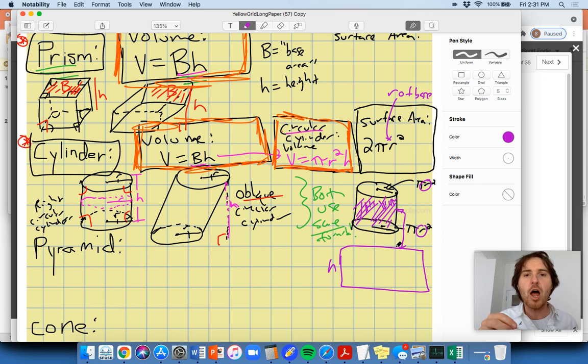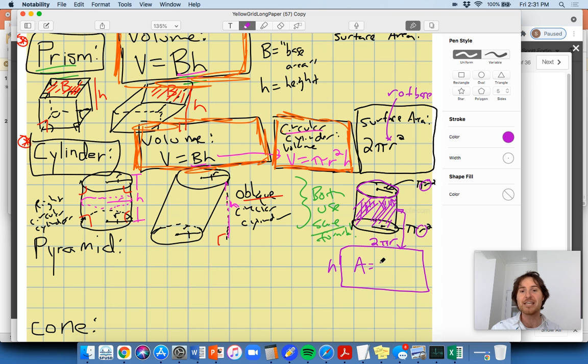How far around have I gone? Well, I've gone around the whole circumference of the base. That's 2 pi r, because it's 2 pi r for the circumference of a circle. So I've gone around all the way here, which gives me the width of that rectangle right here.